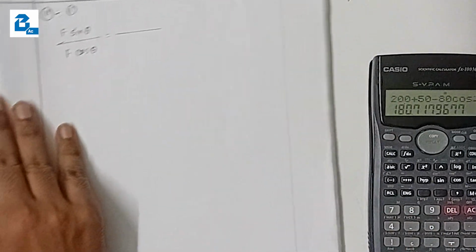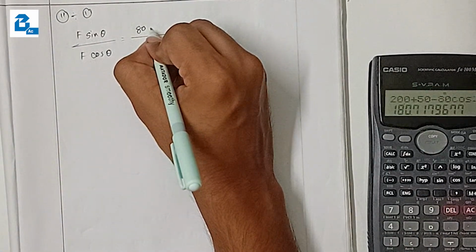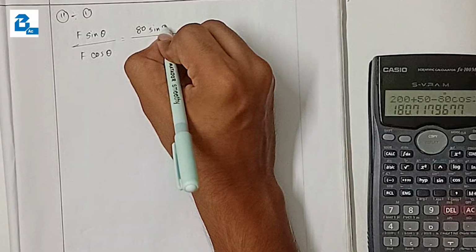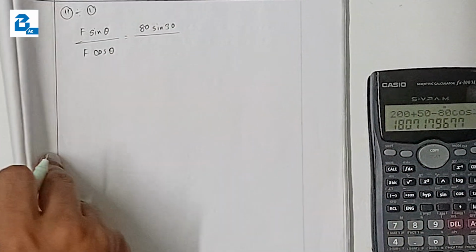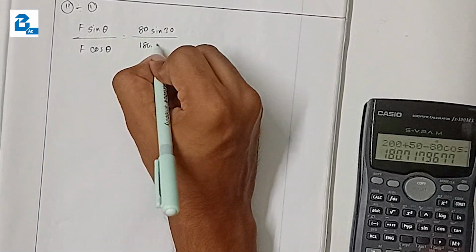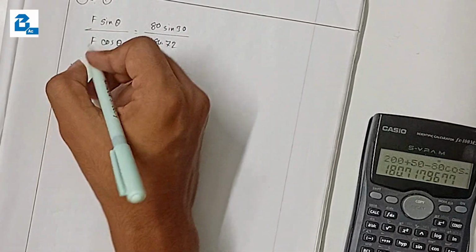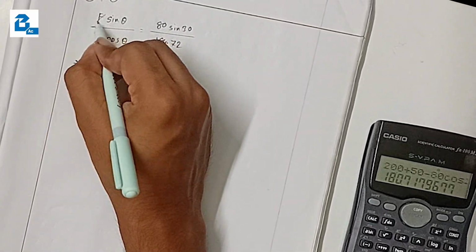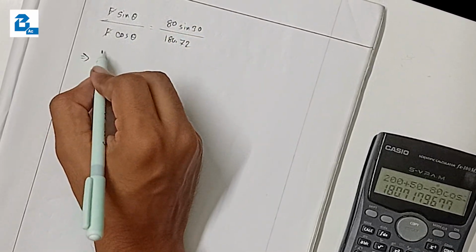So let's write it down. 80 sine 30 degrees divided by 180.72. Then from here both F would cancel each other out.